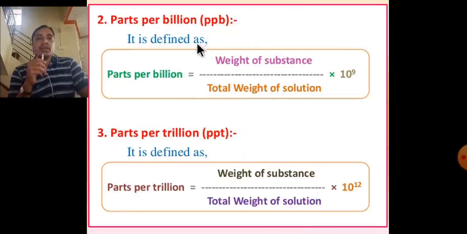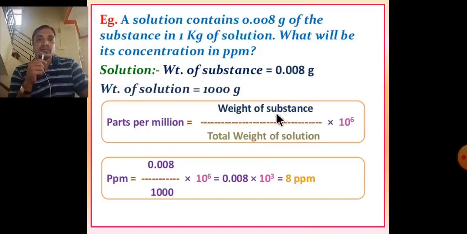Parts per billion is weight of substance divided by total weight of solution into 10 raised to 9. Similarly, parts per trillion, ppt, is weight of substance divided by total weight of solution into 10 raised to 12.